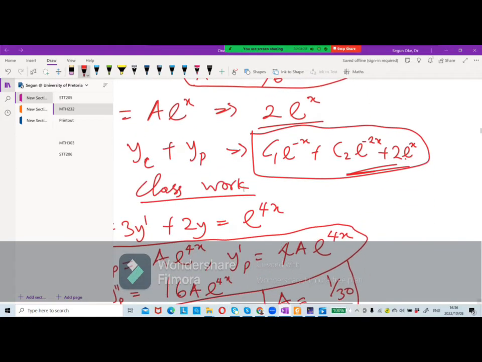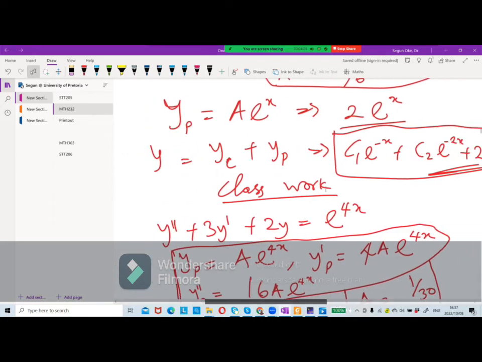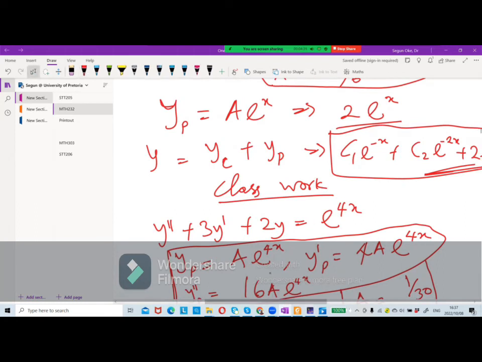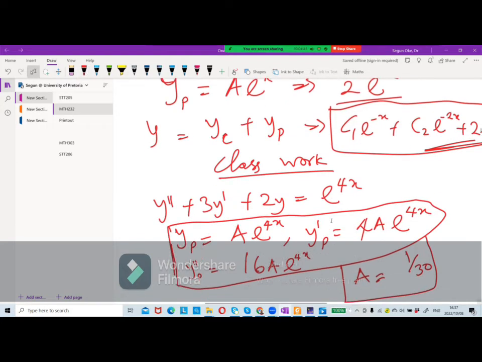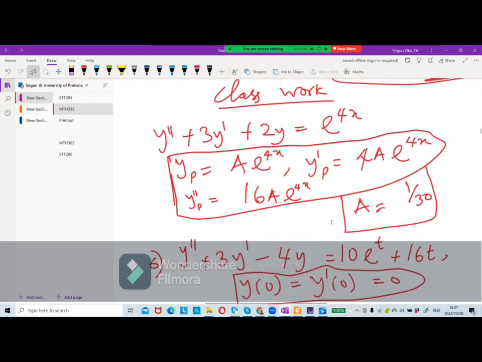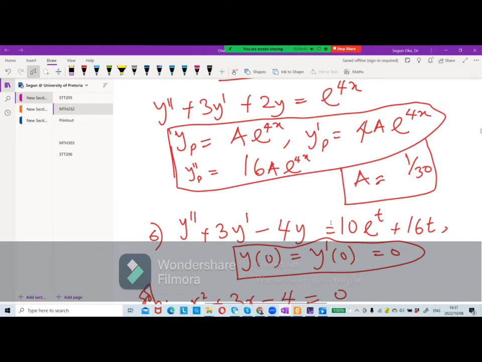So in the class work, we have this simple question that says y double prime plus 3y prime plus 2y equals exponential 4x. At the end of the day, if you solve it very well, like I did the other time, we have yp equal to a exponential 4x.